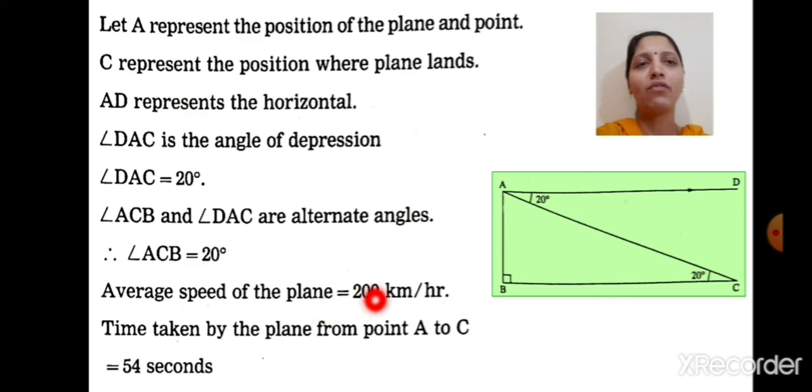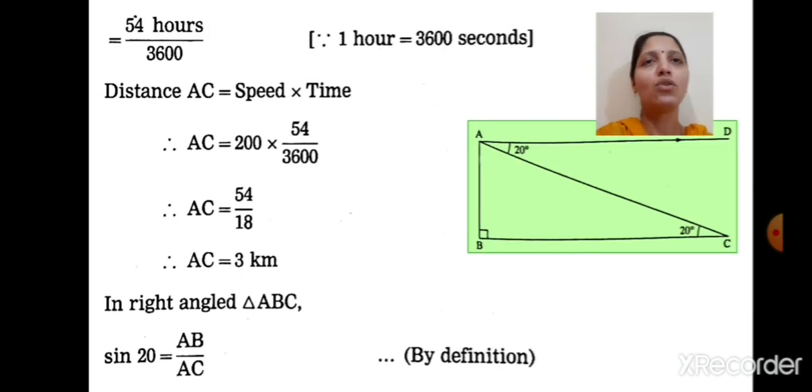So you have to convert kilometers per hour into meters per second, or you have to convert seconds into hours. Here we are going to convert seconds into hours. So 54 upon 3600, since 1 hour is equal to 3600 seconds. So this will be your time in hours.